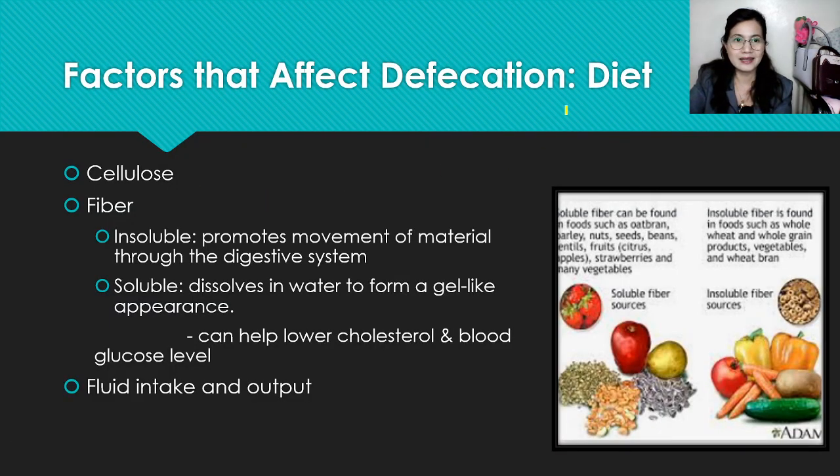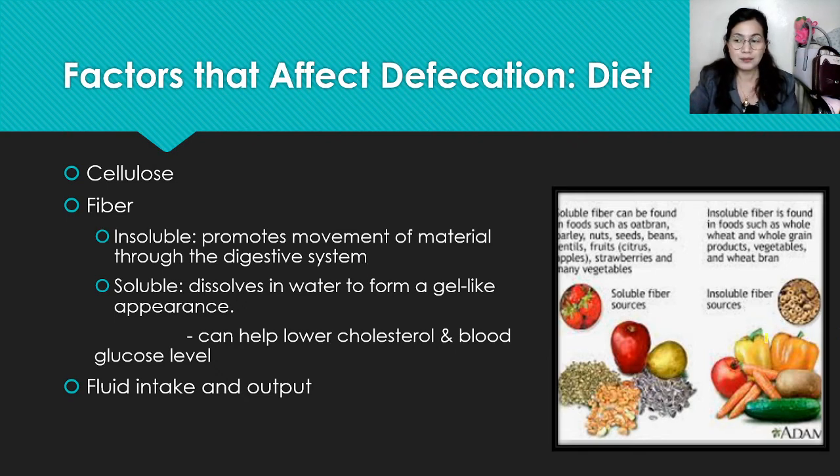Next is the diet. We have cellulose, which provides sufficient bulk or fiber. The fiber is either insoluble or soluble. Insoluble fiber promotes movement of material through the digestive system.